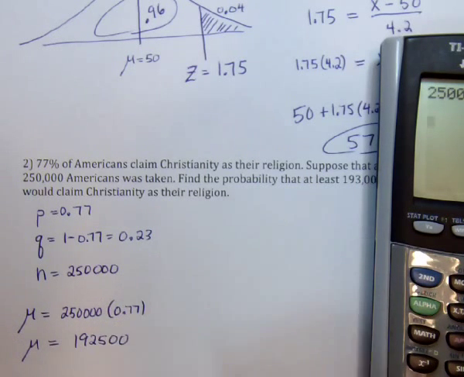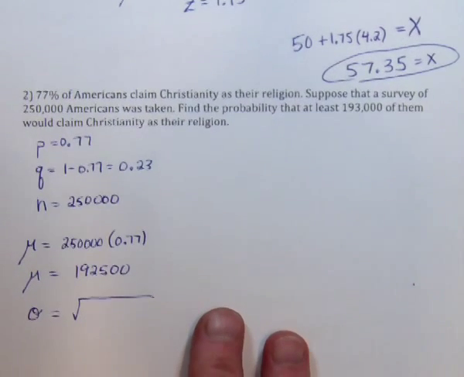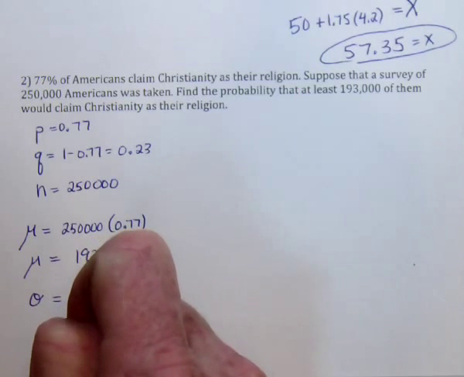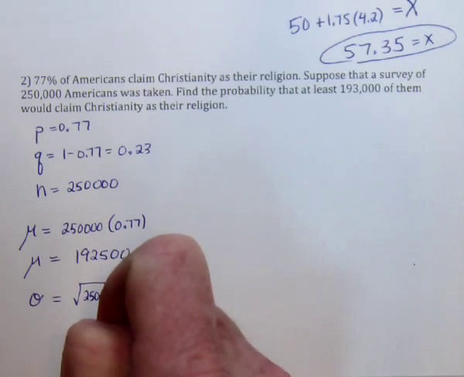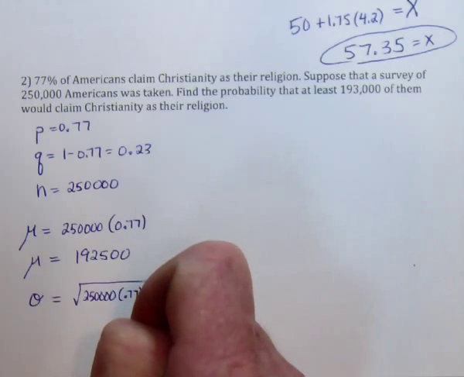Then we could also do the formula for standard deviation, which is the square root of n times p times q. Square root of 250,000 times the 0.77 times the 0.23.